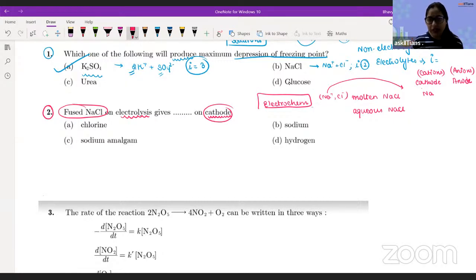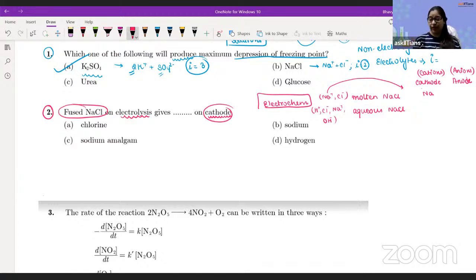If I talk about aqueous, there is H+, Cl-, Na+, and OH-. In this case, we have a competition between the cations as well as the anions.